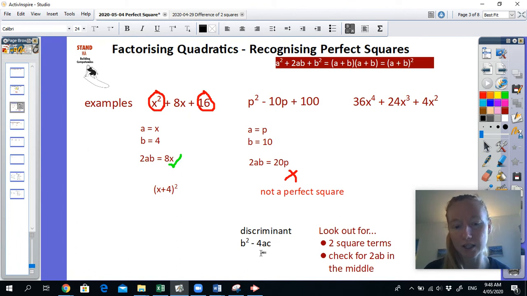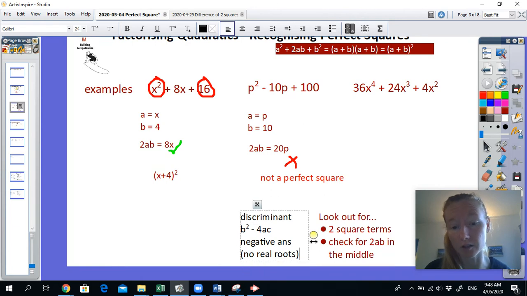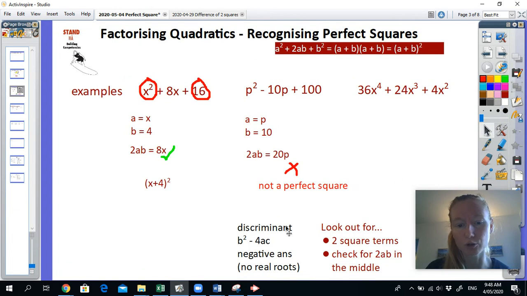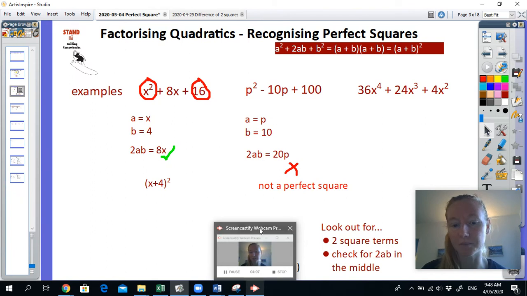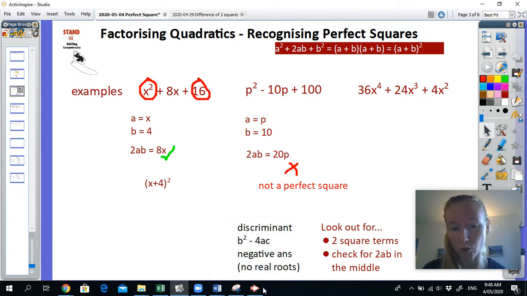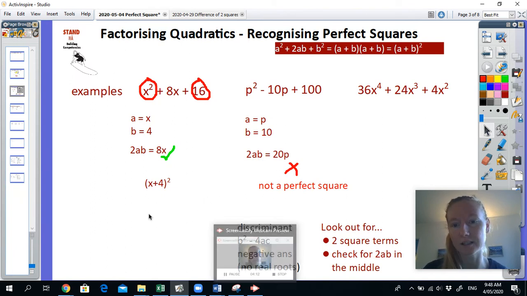Okay. And if we calculate the discriminant for this question, b is negative 10, a is 1, and c is 100, we actually get a negative answer, okay, which means it has no real roots. So this one actually can't be factorized at all. Okay. And you'll do a lot more work on the discriminant in year 12 or later. We might have a little look at it later this year.